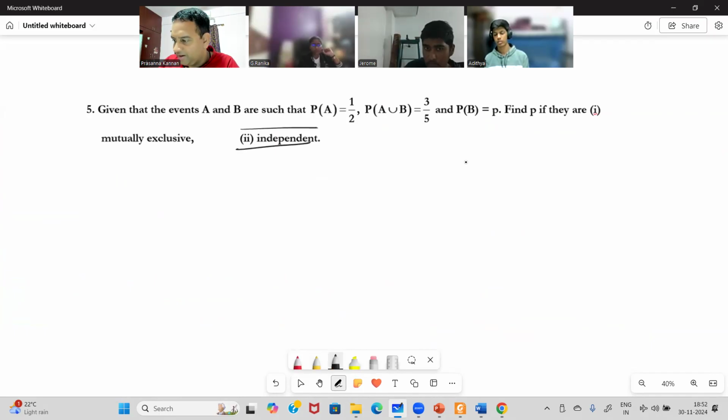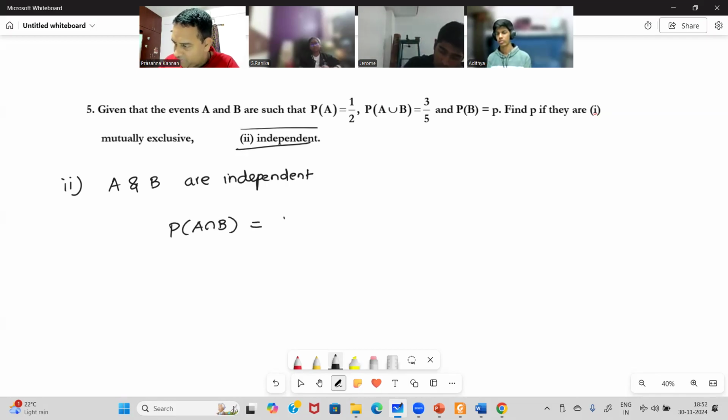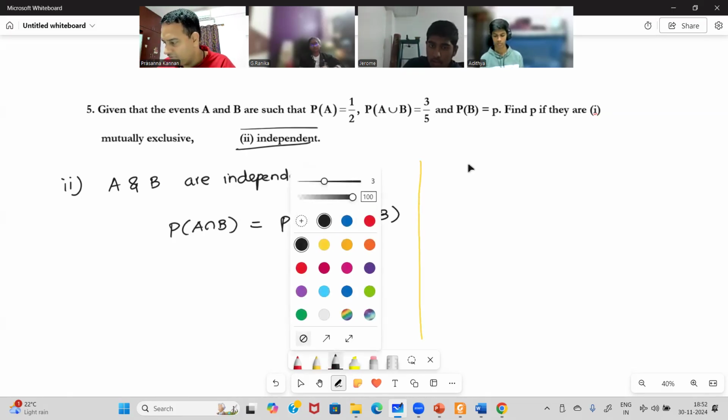When I say that A and B are independent, what is the meaning? P of A intersection B is equal to P of A into P of B, sir. Very good. P of A intersection B is equal to P of A into P of B. Here, do we know P of A intersection B directly, Ranika? No, sir. But can we find? Yes, sir.